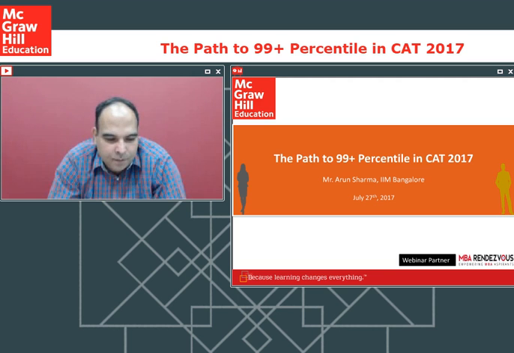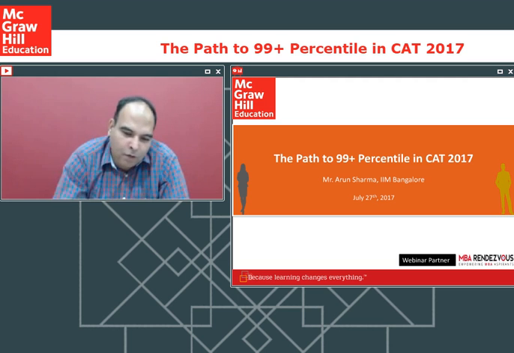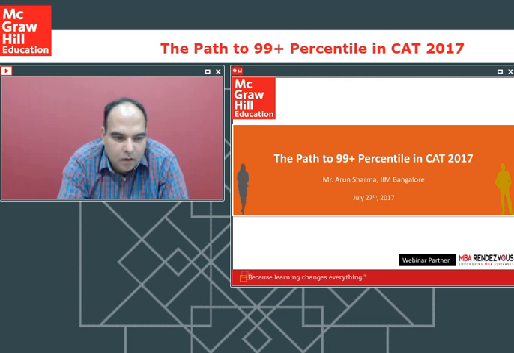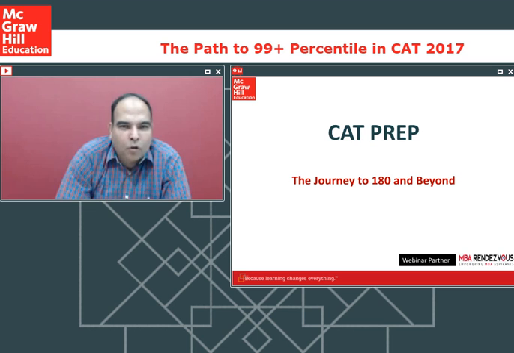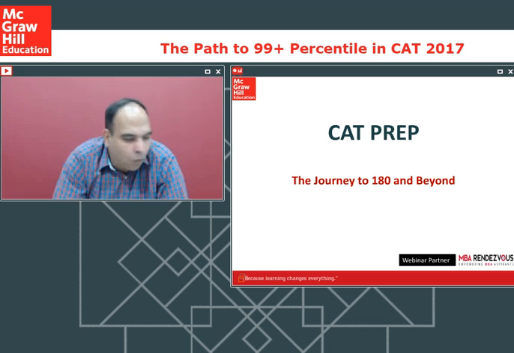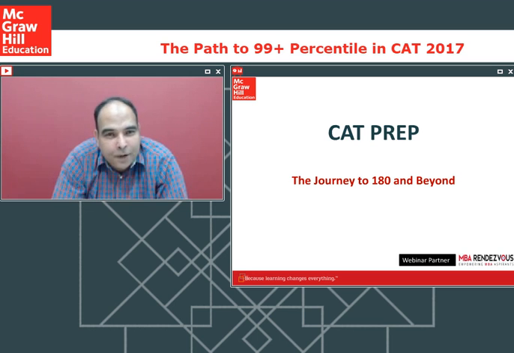So, first things first, if you look at the CAT pattern, we all know that the current pattern of the CAT is about 3 sections: quants, data interpretation and logical reasoning, and verbal ability and reading comprehension.